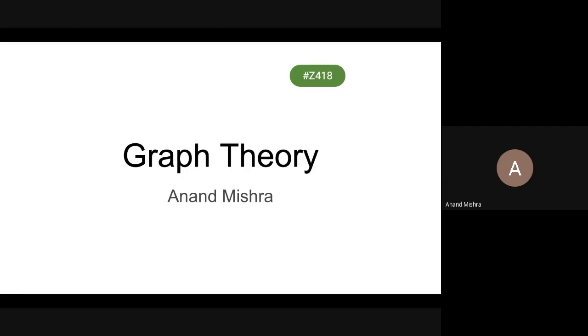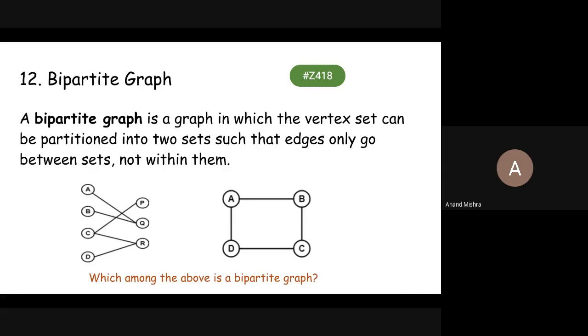So this is one of the very popular graphs. This is called a bipartite graph, right? Bipartite because it has two parts. A bipartite graph is a graph in which the vertex set can be partitioned into two disjoint sets, such that edges only go between sets, not within them.